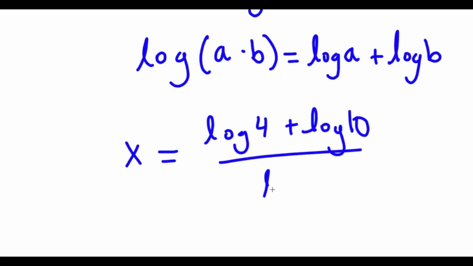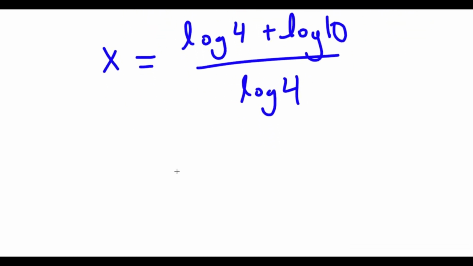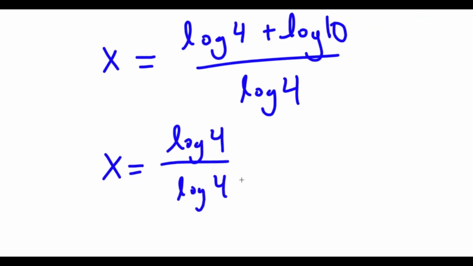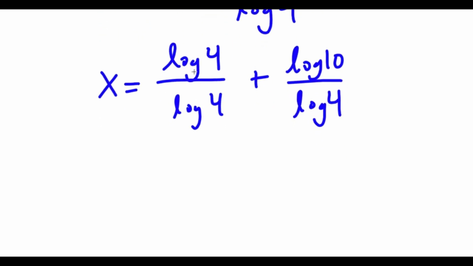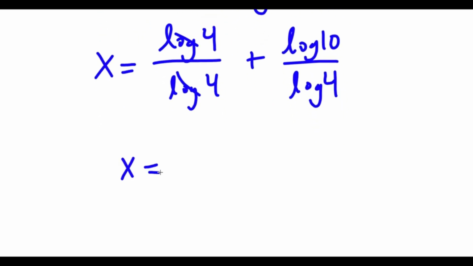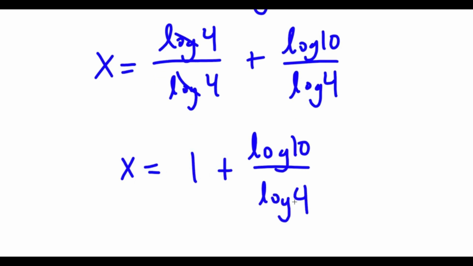And now I have this over log 4. Now log 4 plus log 10 over log 4, this is the same thing as log 4 over log 4 plus log 10 over log 4. And log 4 and log 4, these two cancel out. So now I have x is equal to 1 plus log 10 over log 4.